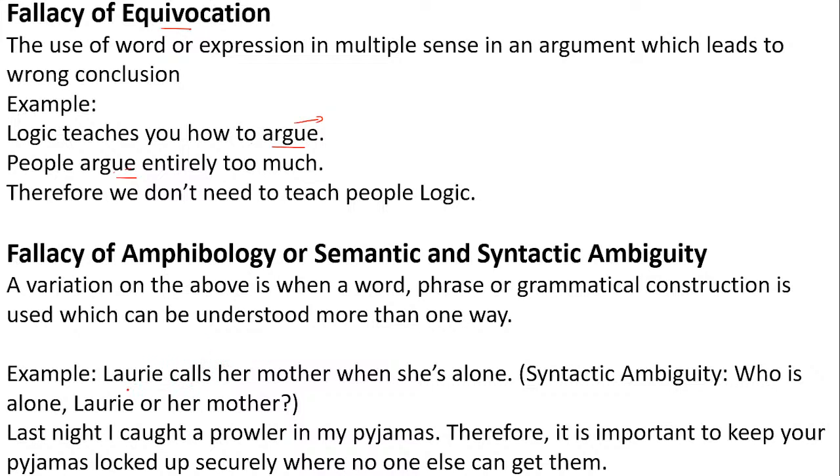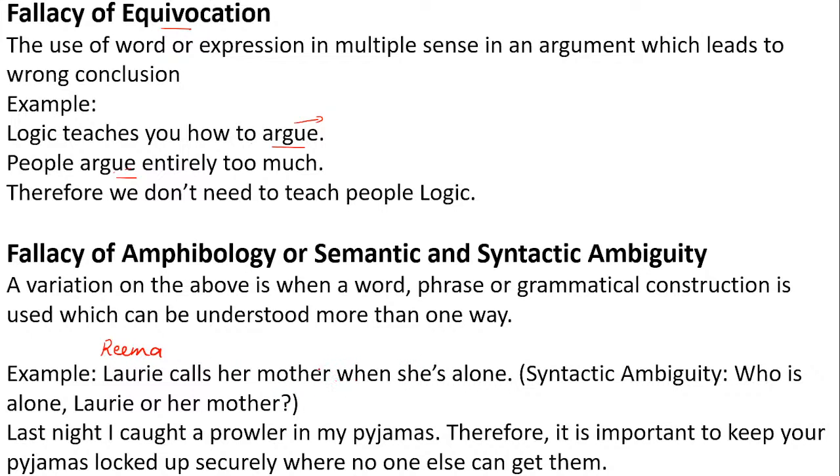For example, there is a girl named Lori. We are saying Lori calls her mother when she's alone. Let's take an Indian name so that we understand it more easily. Rima calls her mother when she's alone. So here this sentence has two meanings.